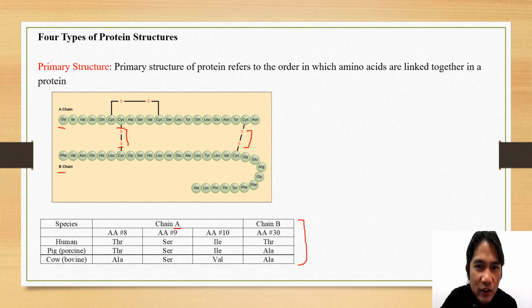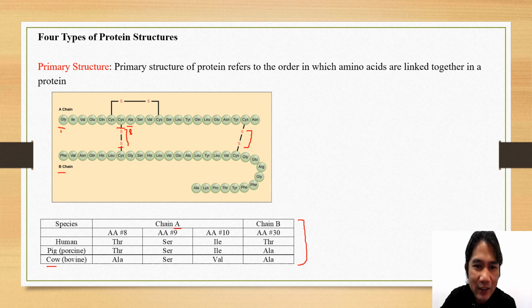Where is that eighth amino acid? If we count the sequence beginning from glycine, the eighth amino acid is alanine. So we suppose that this insulin is the sequence of bovine or cow, because the 8th amino acid is alanine.